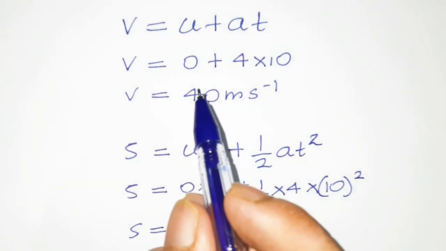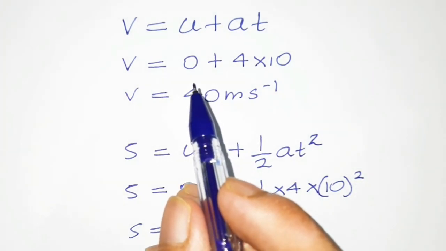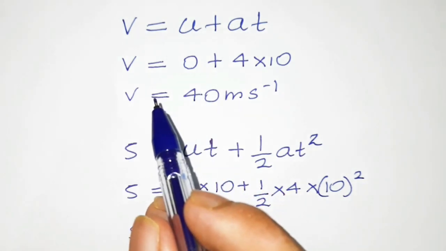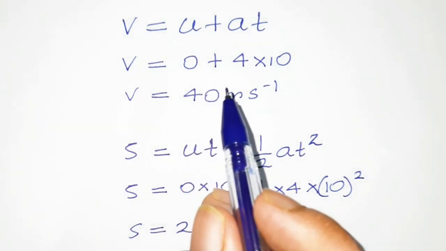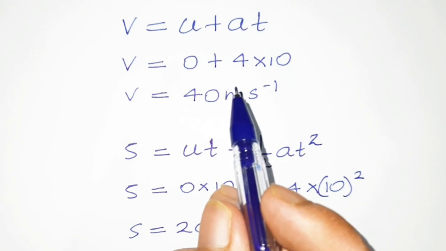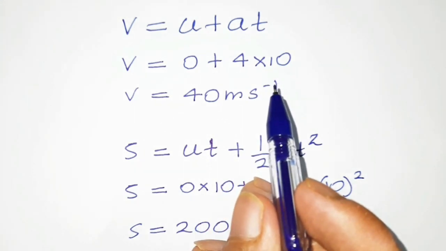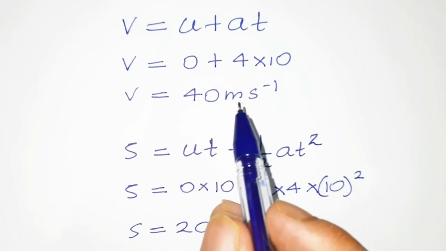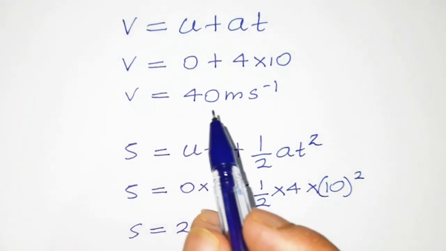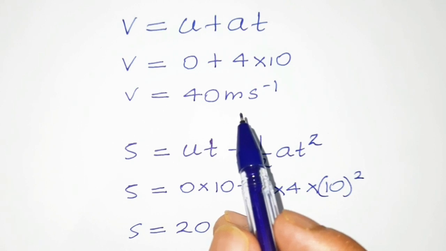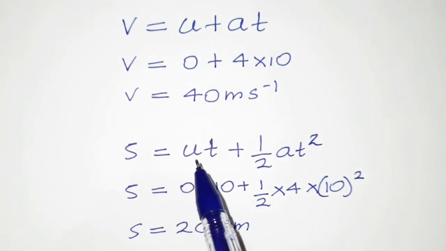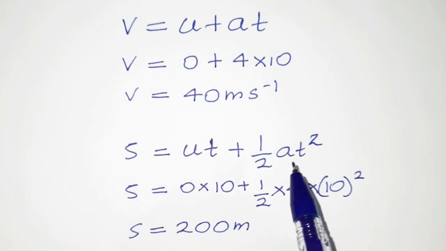Initially, the car is at rest, so the velocity is 0. So we obtain that the velocity is equal to 0 plus 4, which is the acceleration, times 10, which is the time, equal to 40 meters per second. So the final velocity is 40 meters per second. For the displacement, we can use the equation S is equal to ut plus half at squared.